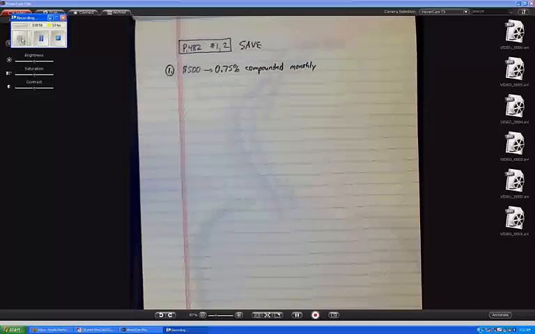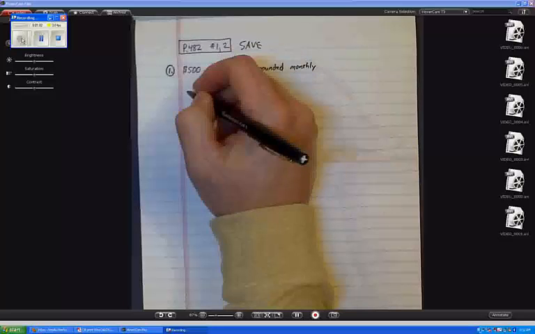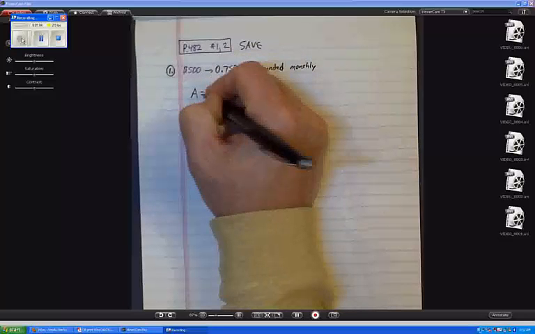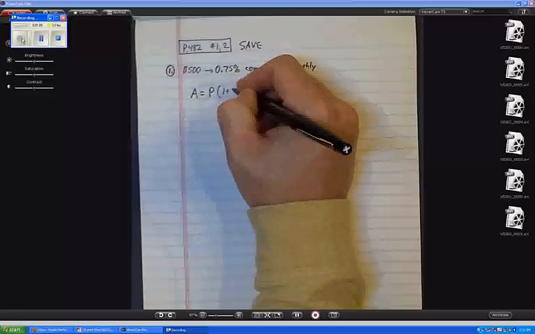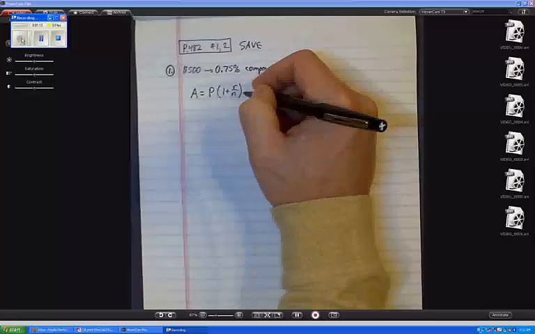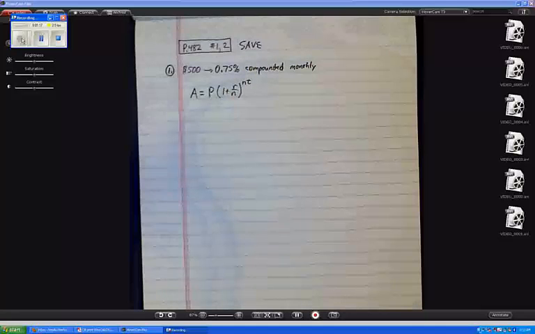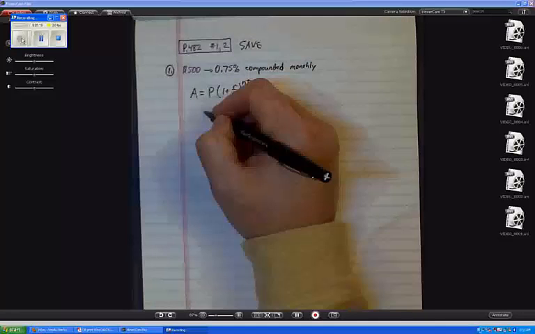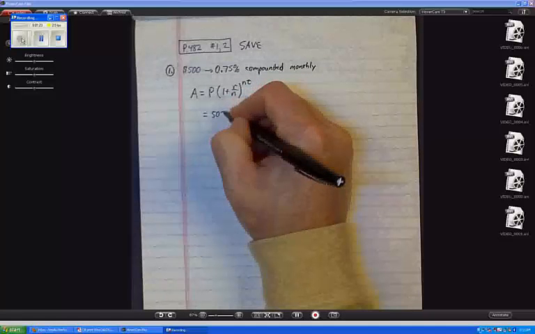So the first thing they said is, well, find the amount in the account as a function of the term of the investment, T in years. See, if I go to use my formula now, I'm going to write A equals P times (1 plus r over n) to the nt power. And I can start to fill things in, right? So my principal is 500.